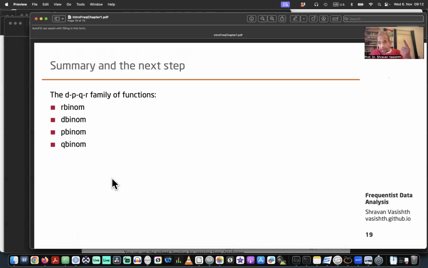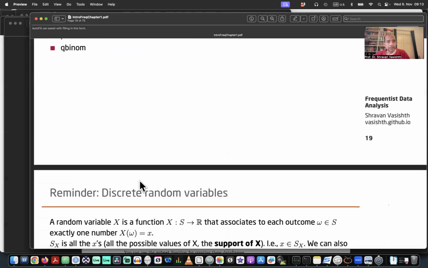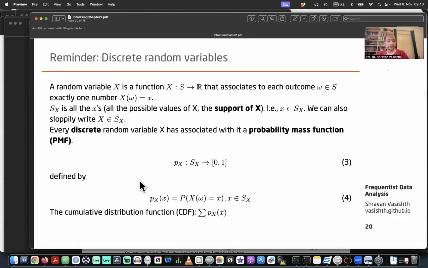So that's the R binomial function. The D binomial function tells you the probability of every possible thing that can happen. The P binomial function tells you the cumulative probability of a particular event that can happen or something less than that, like 6 successes or less than that. And the Q binomial function is the inverse of the CDF, the inverse of the P binomial function. Okay, so I've demonstrated how this works now.